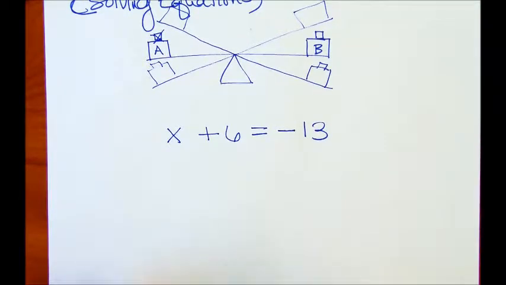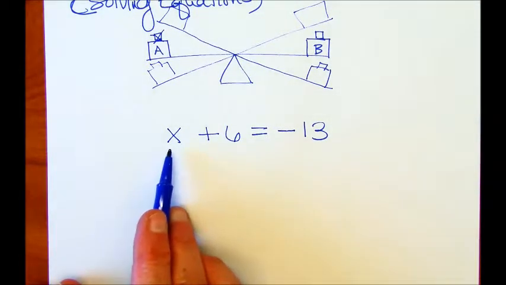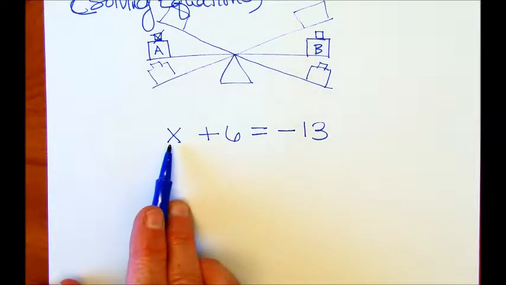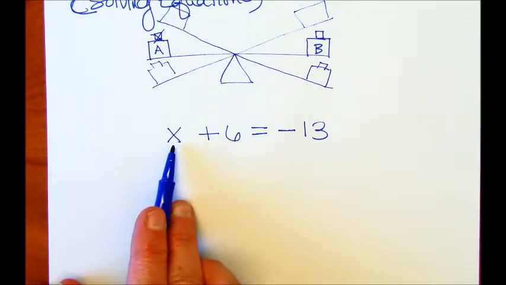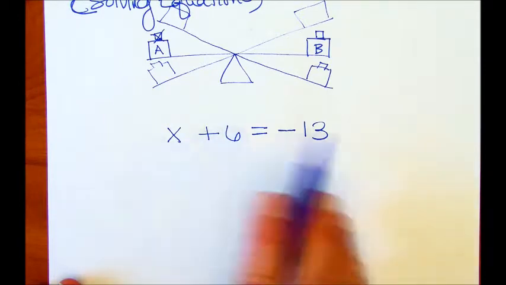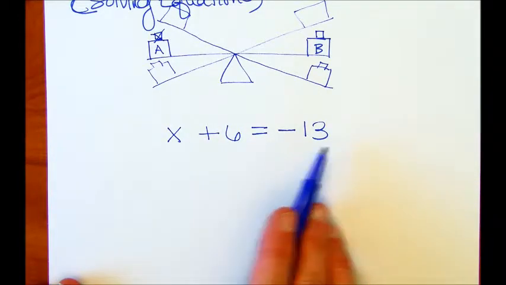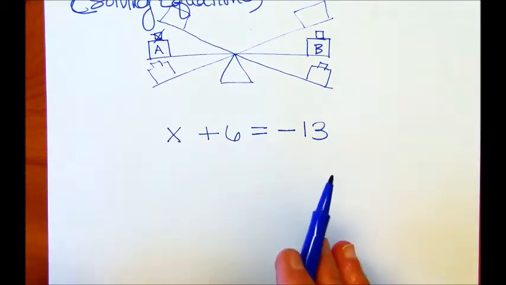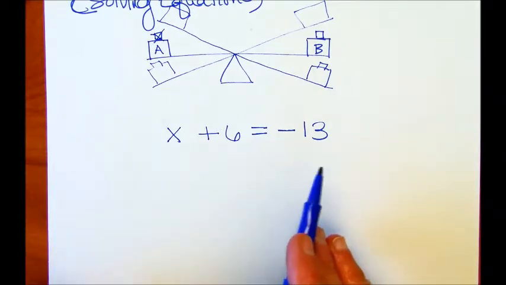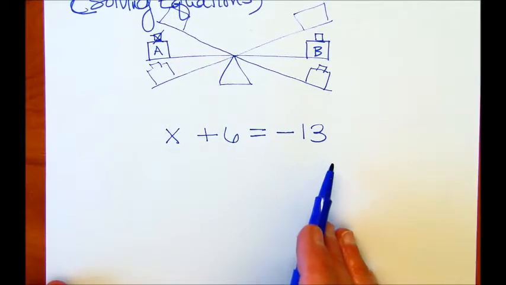Now what we want to do is isolate our variable so that all the numbers will be on the other side of the equal sign, and then we can have a definitive answer or representation for that x.